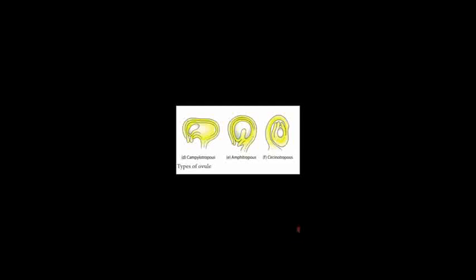Dear students, I hope you have all understood what is female sex organ, structure of female gametophyte, that is ovule, and also types of the ovule depending upon the sporogenous cell's position, that is tenuinucellate and crassinucellate. The tissues which are present in the ovule, that is hypostase and epistase.